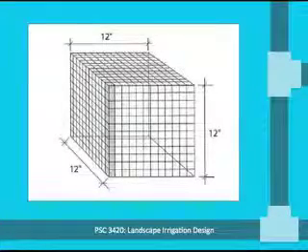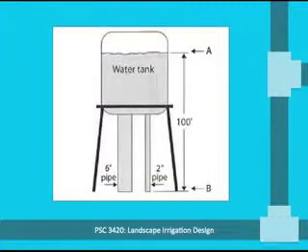Now let's look at a couple of other examples of that. Now in this image of a water tank, you see from point A here to point B is 100 feet. It's a distance measured of 100 feet. So again, we're talking about that measure, feet of head, for water. So let's now consider these two pipes. This one is 6 inches in diameter and this one is 2 inches in diameter. But really the pipe size here is not very important.